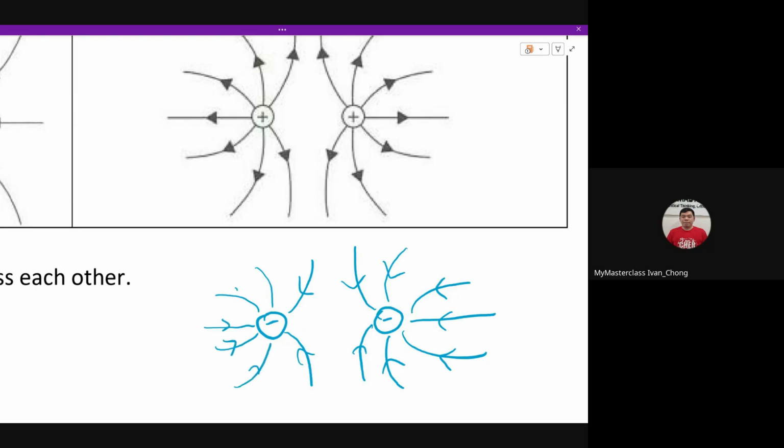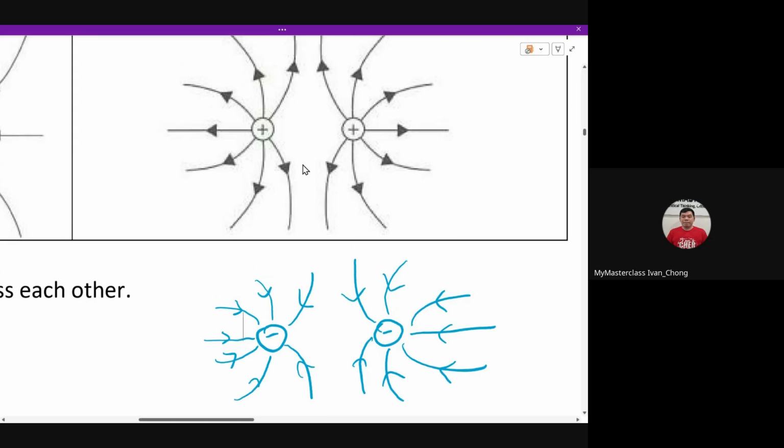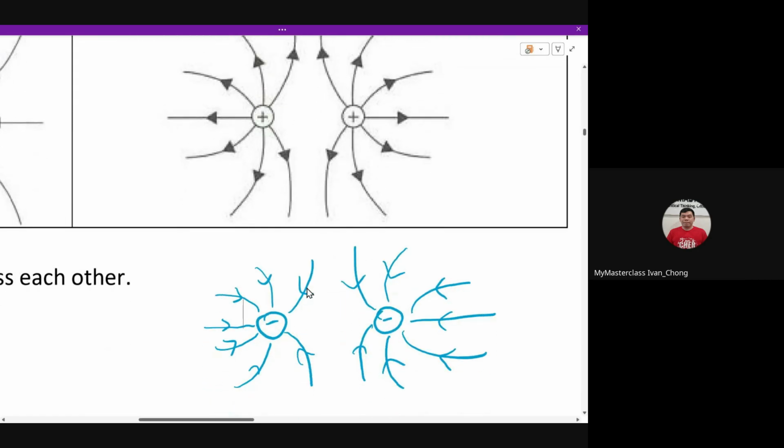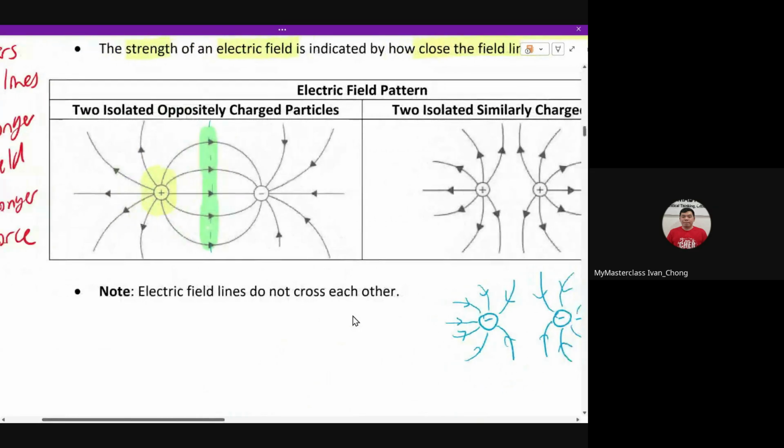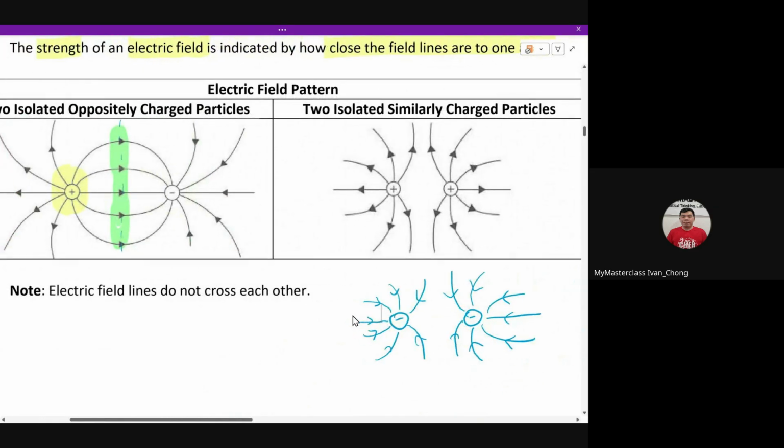You'll notice that yes, this middle part will still be empty as well. Just that now everything is exactly the same, apart from your arrows itself, which should be inwards, towards negative, away from positive.